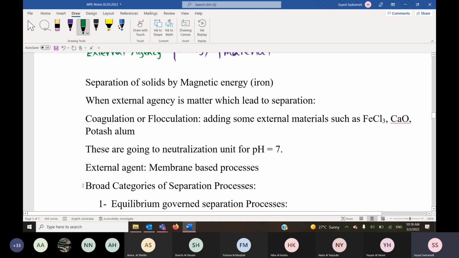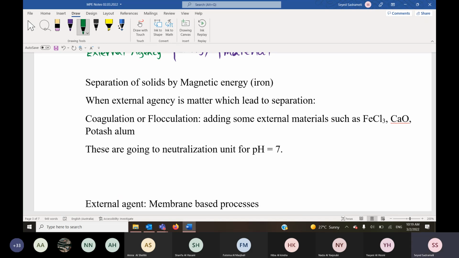So let's look at this one. When pH is greater than 7, then potash, aluminum, which have to be added to the mixture, bring the pH to 7.